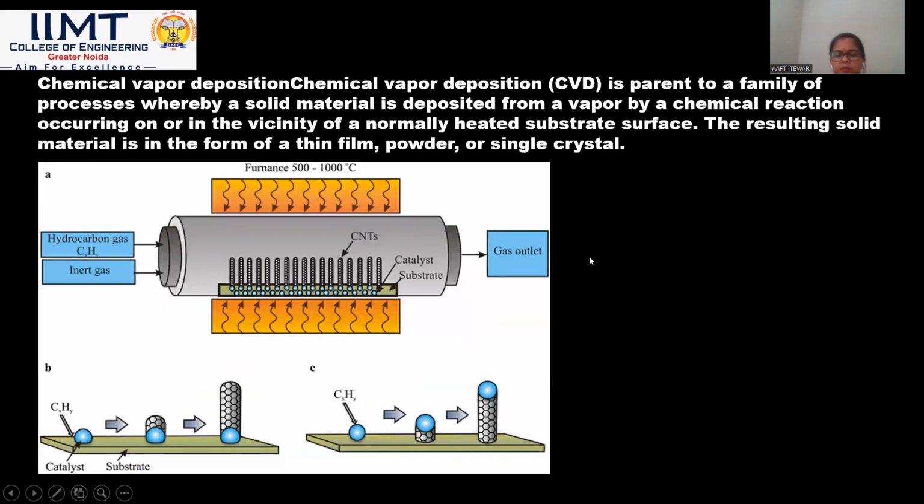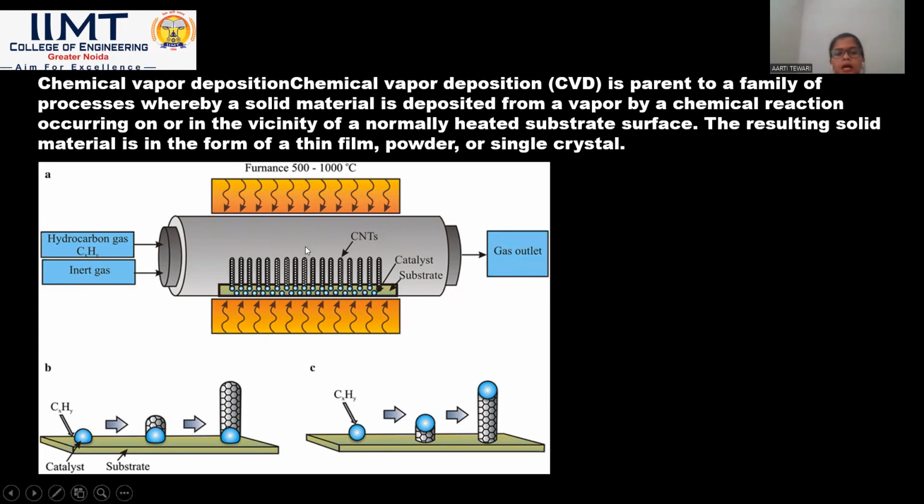We'll discuss the bottom-up approach, and one of the methods is chemical vapor deposition. It is a family of processes whereby a solid material is deposited from a vapor by chemical reactions occurring in the vicinity of a normally heated substrate surface. The resulting solid material is in the form of thin film, powder, or a single crystal.